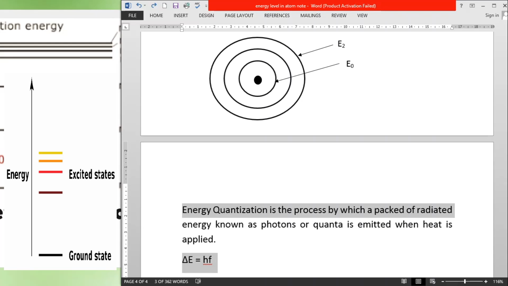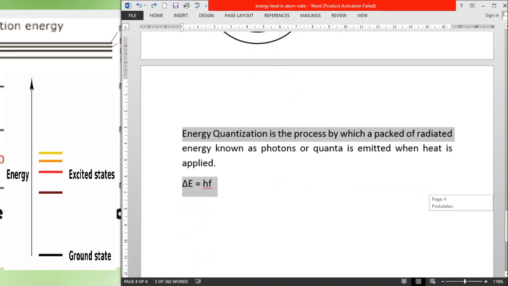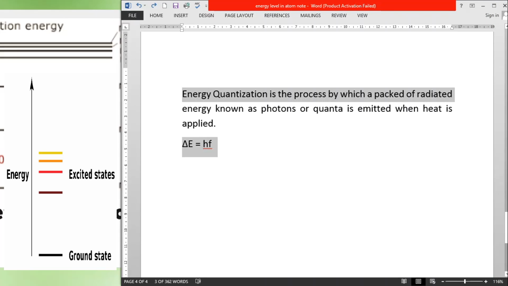When quanta is emitted when heat is applied, we call it energy quantization. So change in E is still the same thing as hf, as we know.